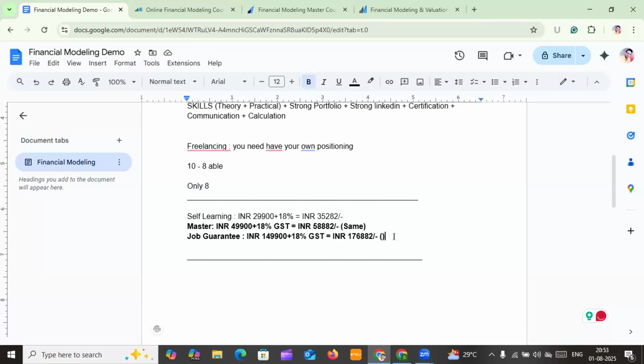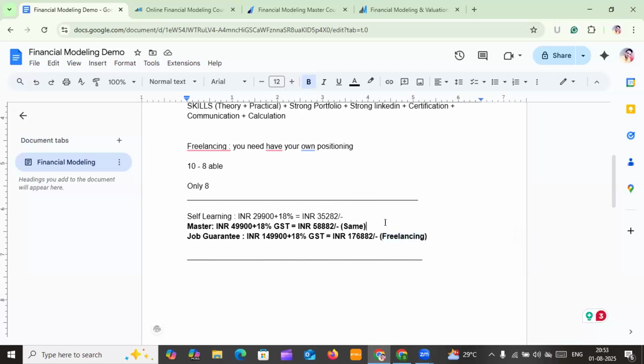If you are looking for freelance opportunities, within the job guarantee training program you will have additional classes on freelancing, how to be a freelance financial modeler. These freelancing classes will not be part of the master's training program. The rest of the brochure and module section is the same. This is difference number one: job guarantee has freelancing classes, master's does not.